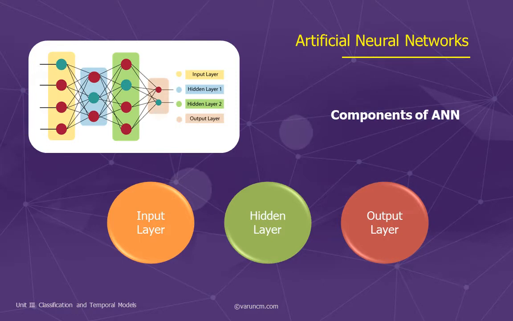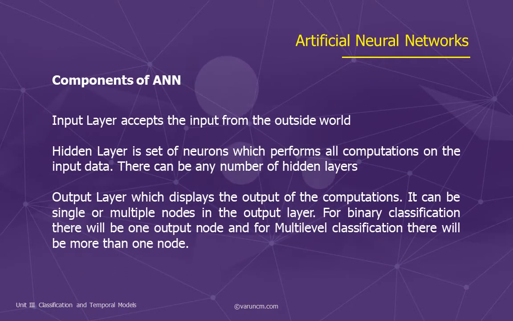The intermediate layers between the input layer and the output layer, you call the hidden layers. Those are present inside. So these are the different layers that are available in the artificial neural networks. Those layers we are going to see one by one.